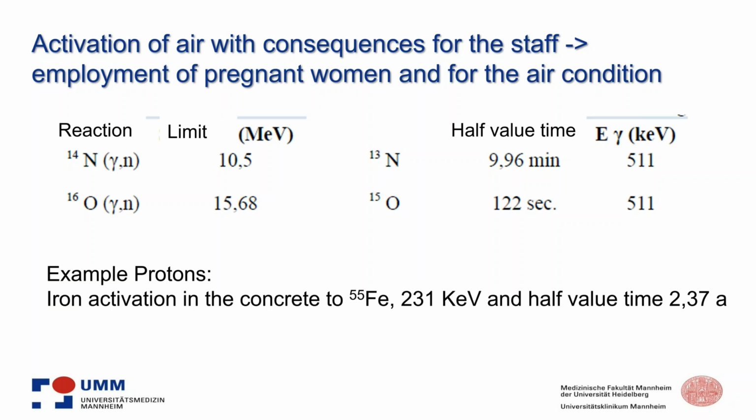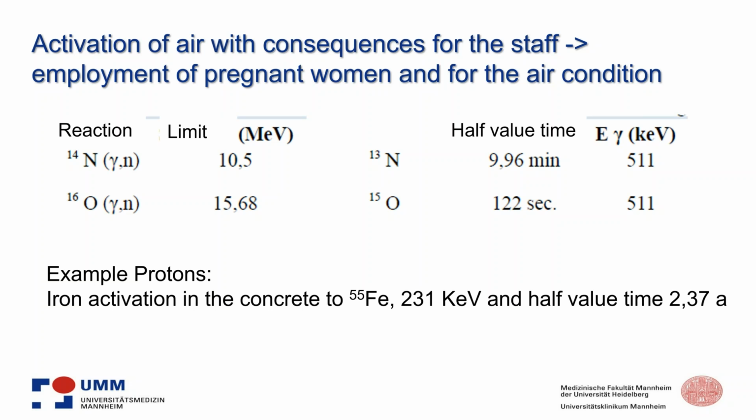For the protons, if you have the normal shielding with concrete, stabilized by iron inside, you have activation of the iron in the concrete to iron-55, and you have a 230 keV line and a half value time of 2.37 years.